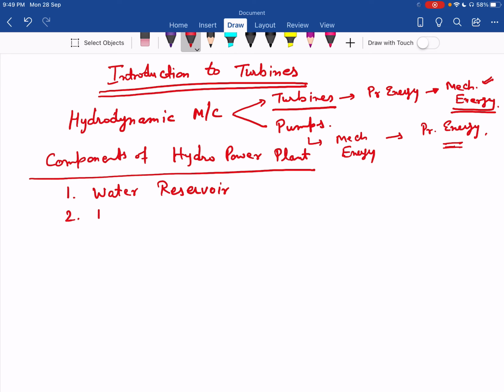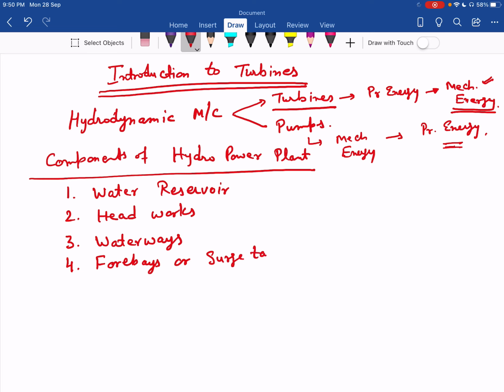The second is headworks. The third is waterways. Fourth is forebays, or you have surge tank. And fifth one is powerhouse and tail race. These are the five main components of a hydropower plant.